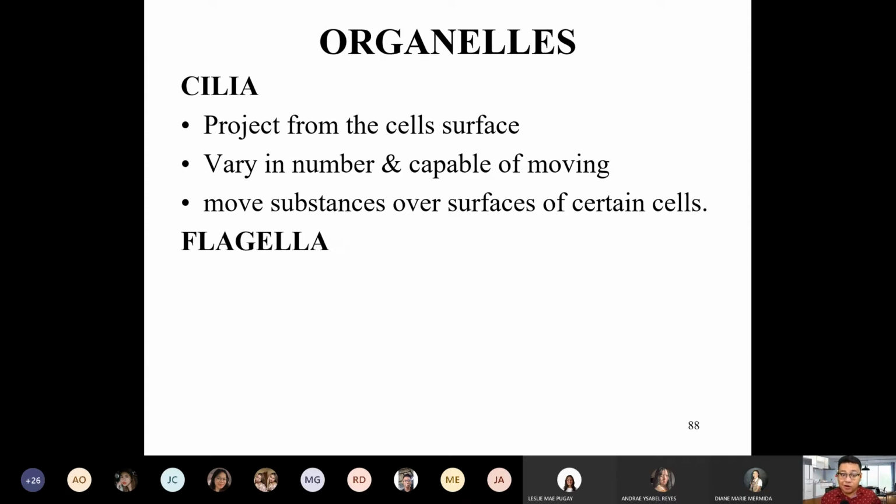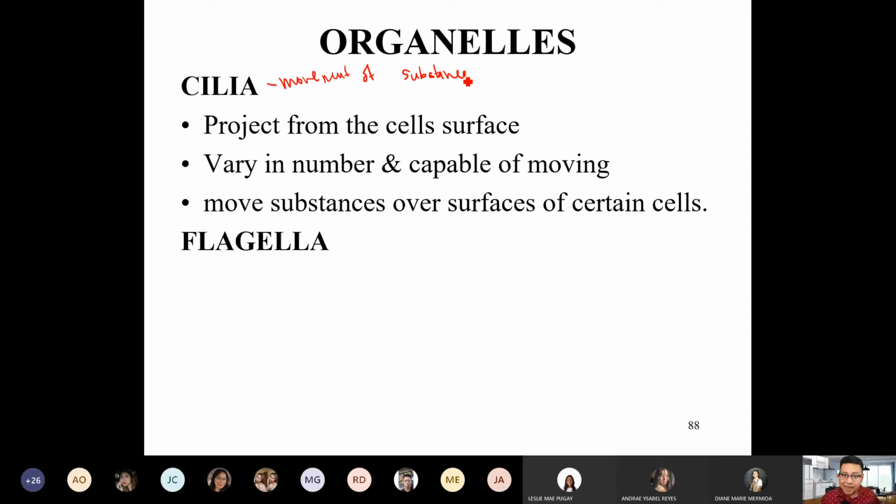Next, we have our flagella. Cilia is for movement of substances, meaning it does not move the cell. It moves things beside the cell. Kumbaga kaya niyang ilipat yung katabi niya, pero hindi niya kayang igalaw ang kanyang sarili.